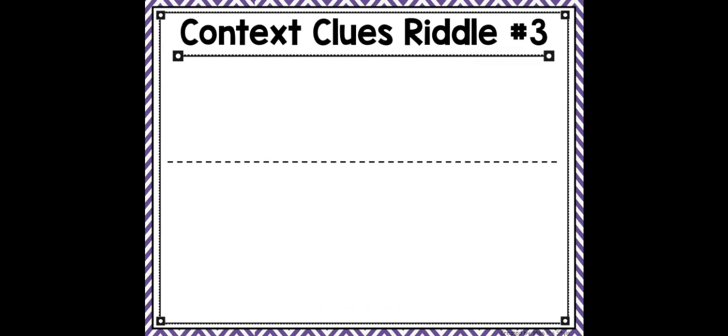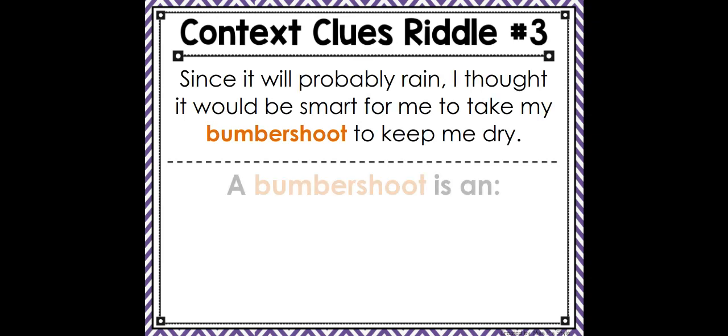Here's riddle number 3. Listen closely to determine the word meaning and context clue. Since it will probably rain, I thought it would be smart for me to take my bumbershoot to keep me dry. Using context clues, what do you think a bumbershoot is?